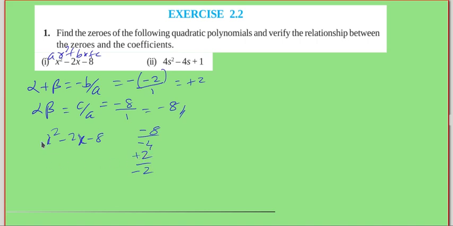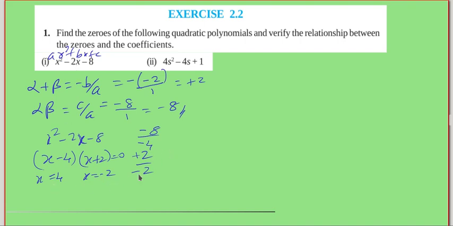X square is not having any coefficient, so we can write directly minus 4 plus 2. So x minus 4 and x plus 2 are the factors. If we equate to 0, x is equal to 4 or x is equal to minus 2. So these are the two zeros of this quadratic polynomial.